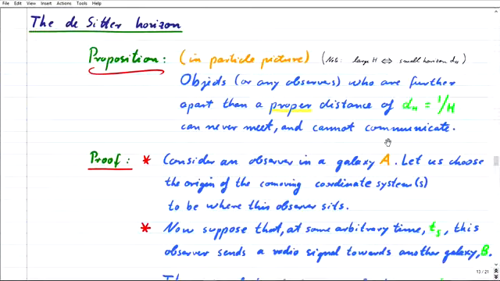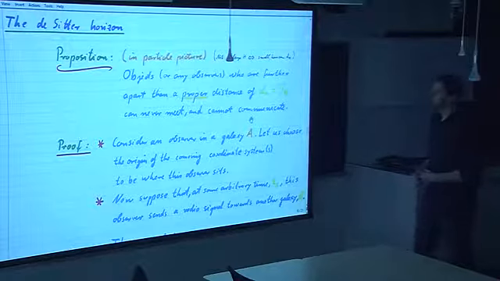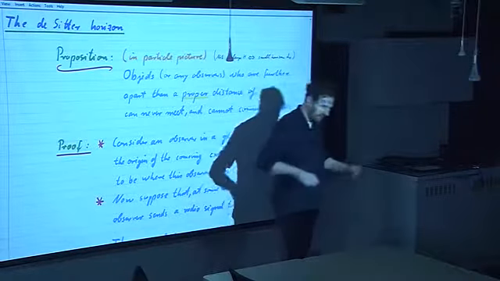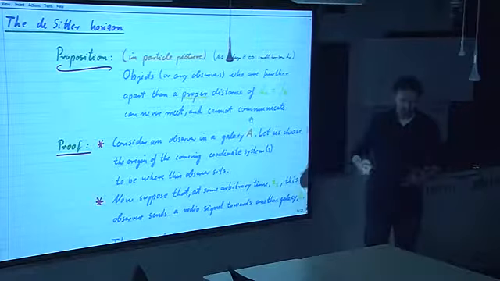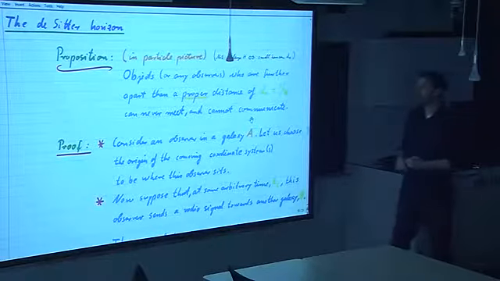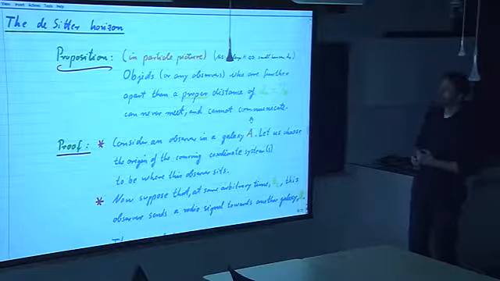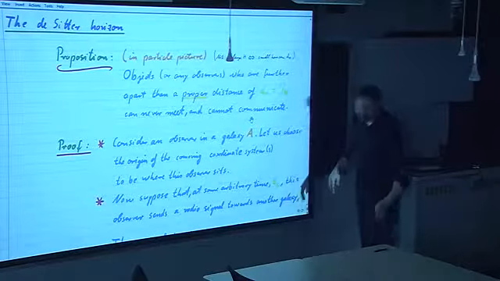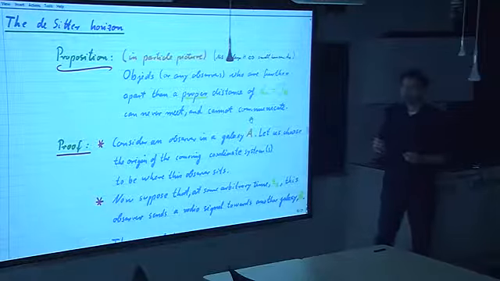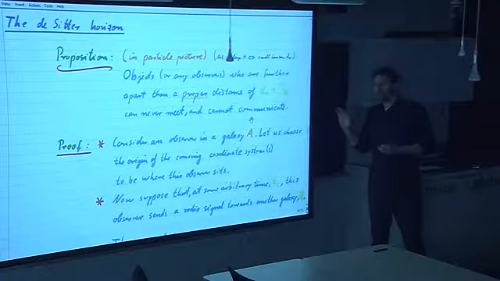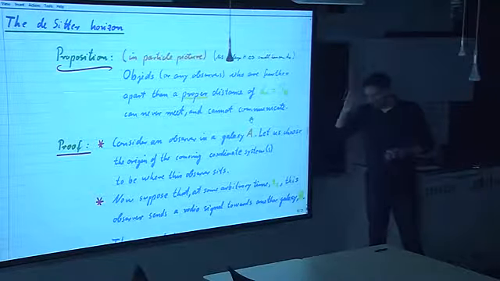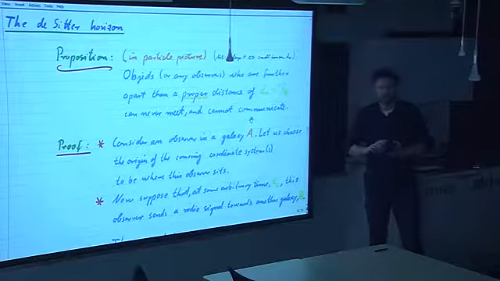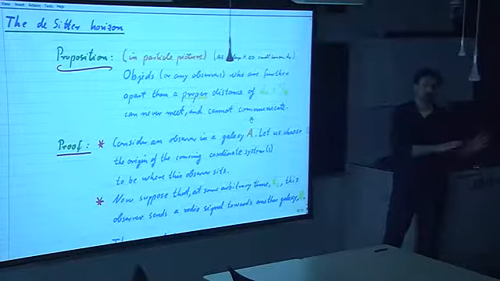So the de Sitter horizon. The horizon in the de Sitter universe, in the exponentially expanding universe, will be playing an important role. And in preparation, let us look at the properties of that horizon, both the implications of that horizon for particles and the implications of that horizon for waves.